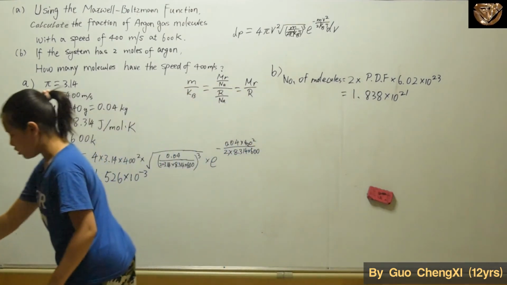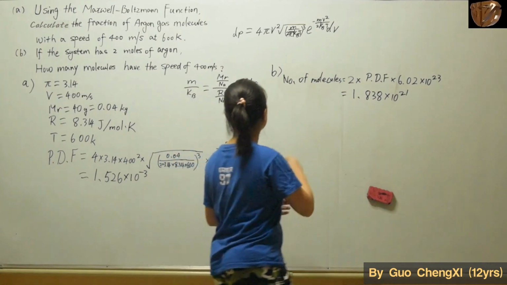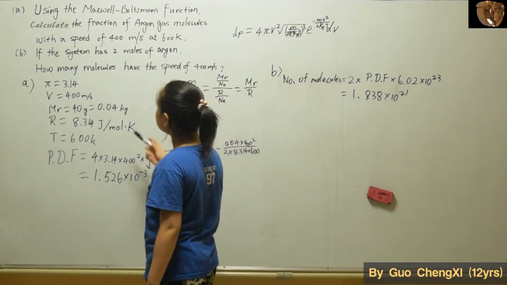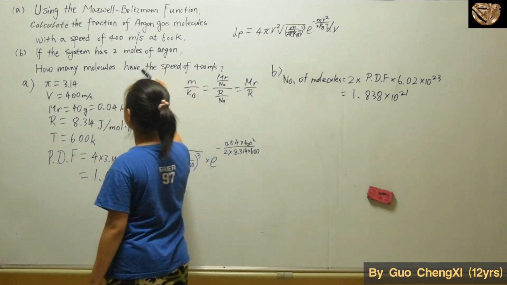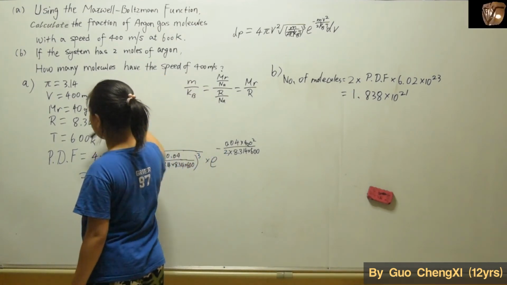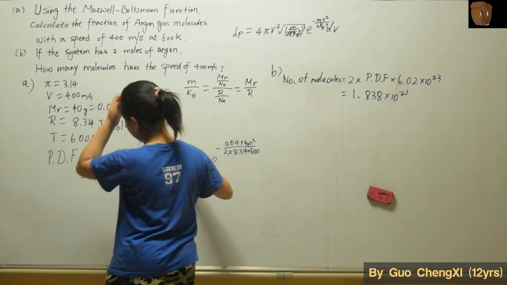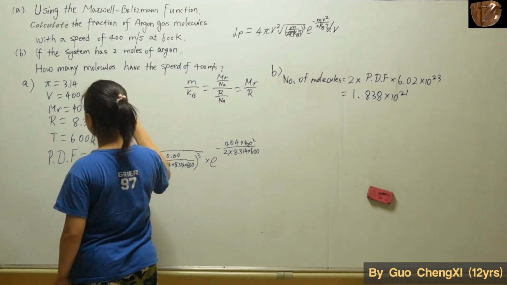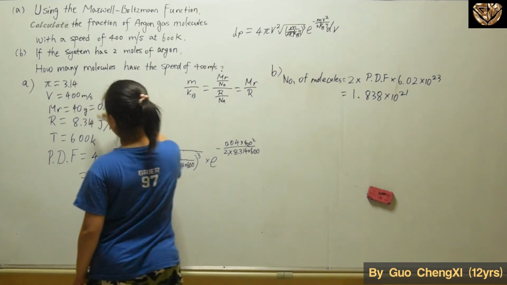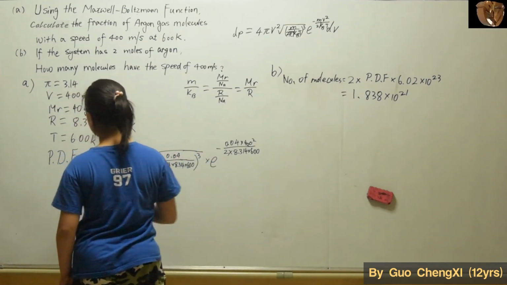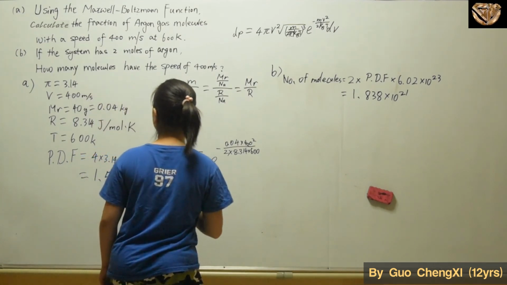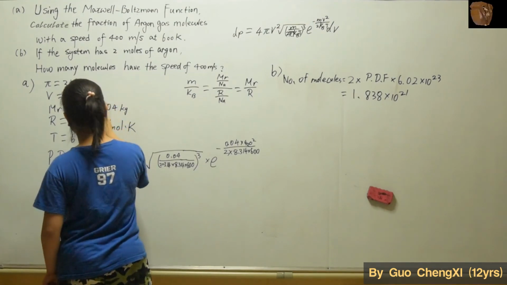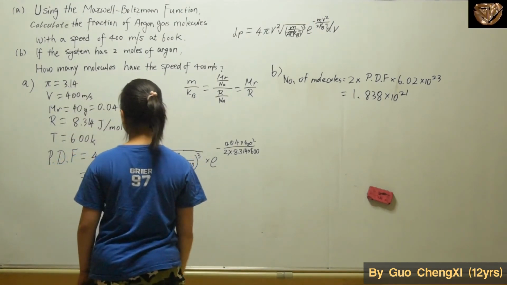Alright, so now that we have finished both of these, we have a few variables that we had to find. The first one, pi, was just a constant, so we are just using what we normally use, which is 3.14. Then the velocity, basically speed, 400 meters per second.